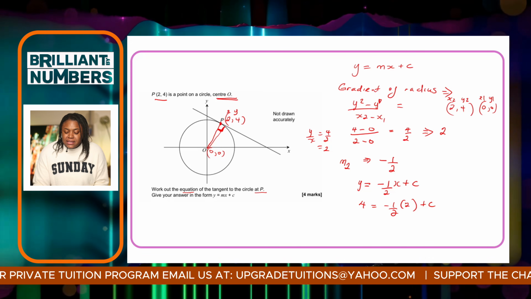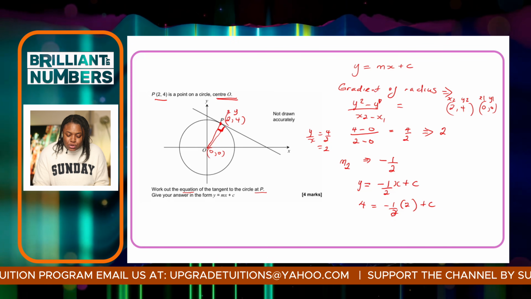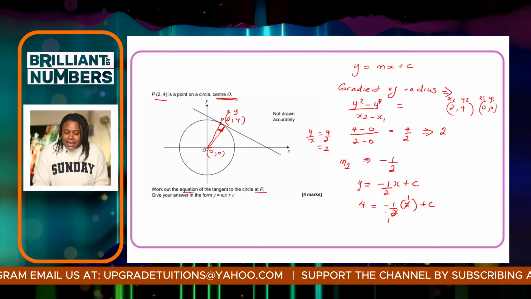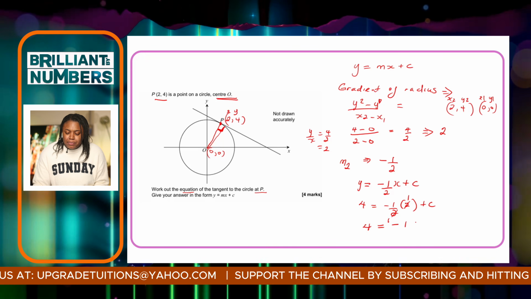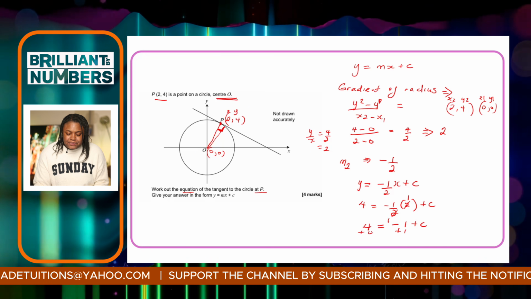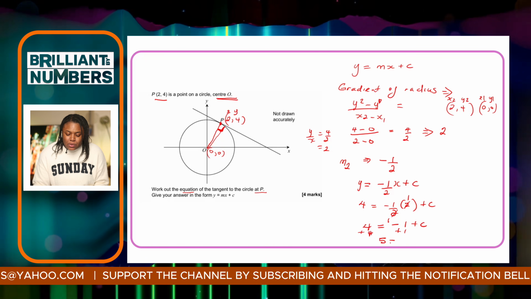So negative a half times 2: 2 into itself goes once, then I will do negative 1 times 1. So this is 4 equal to negative 1 plus c. By adding 1 to both sides, I get that 5 is equal to c.